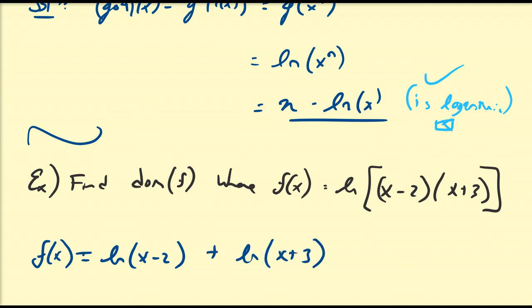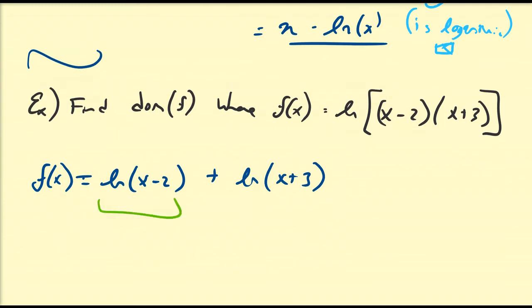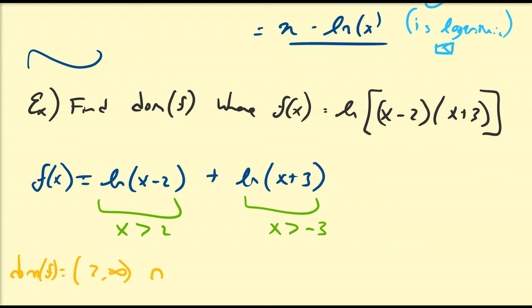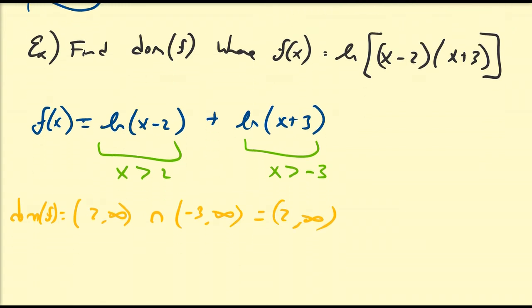And we can look at each of these pieces individually, right? So for this one, x must be greater than 2, and for this one, x must be greater than -3. So we simply take the intersection of these two. So the domain of f is going to be the intersection of 2 to infinity and -3 to infinity, which clearly is going to be equal to the interval 2 to infinity, right? So that's going to be the domain.